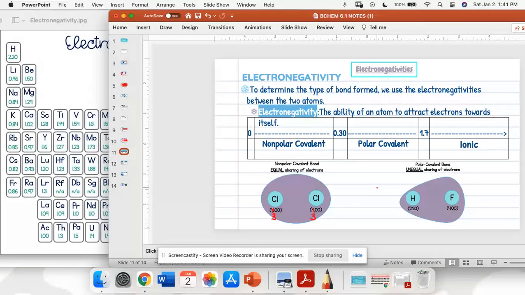So fluorine, although still technically sharing, is pulling those electrons from hydrogen just slightly more. In an ionic bond, they're pulling completely or giving up completely. In a polar covalent, there's one slightly more negative end, which in this hydrogen fluoride compound, fluorine is the one that's pulling a little bit more.